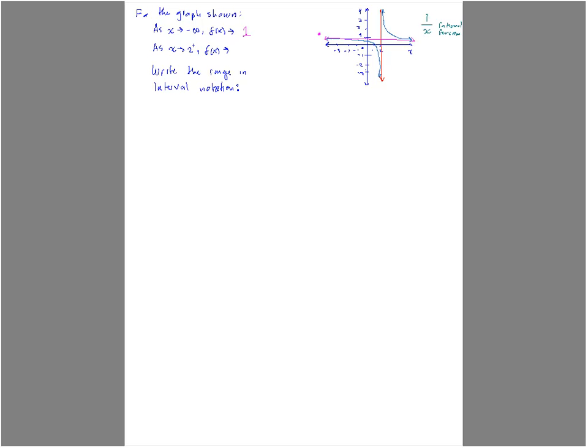Now the next one is as x approaches 2, and pay attention to this plus here, that whenever you have a sign here, the negative or positive sign, what that means is that's the side that you're coming from. So if it's negative, you'll look from the negative side, and if it's positive, you'll look from the positive side, right?